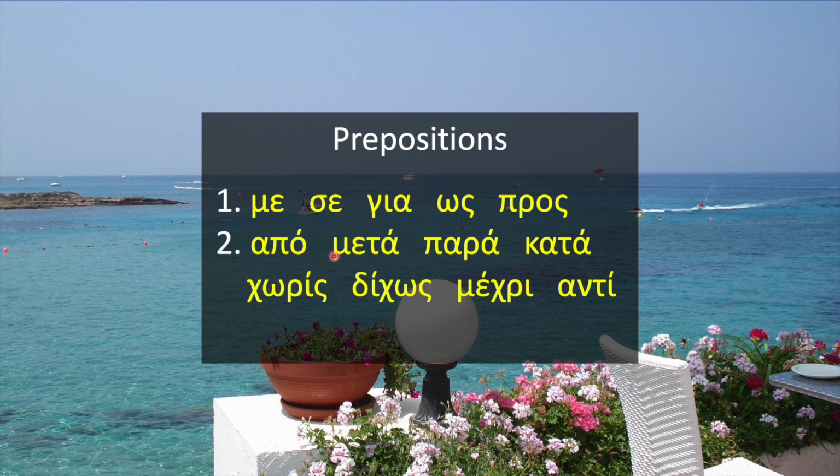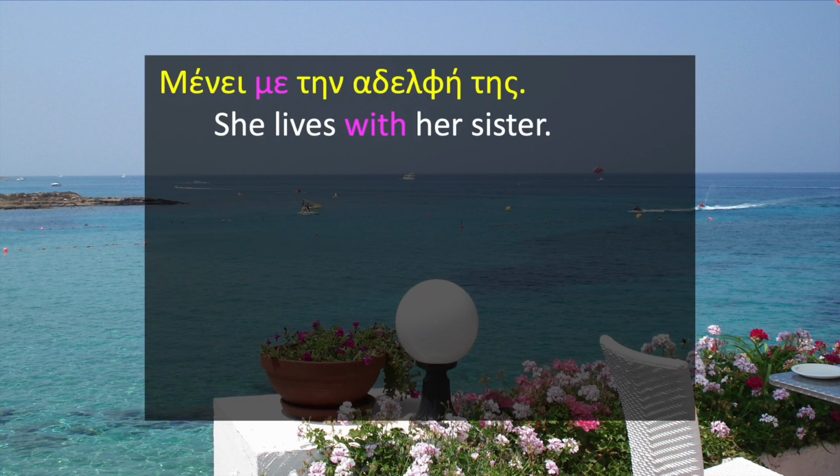Group 2 includes από, μετά, παρά, κατά, χωρίς, δίχως, μέχρι, αντί. And group 3 includes ήσαμε. By far, the most common ones are με, σε, για, από. Let's look at some examples.